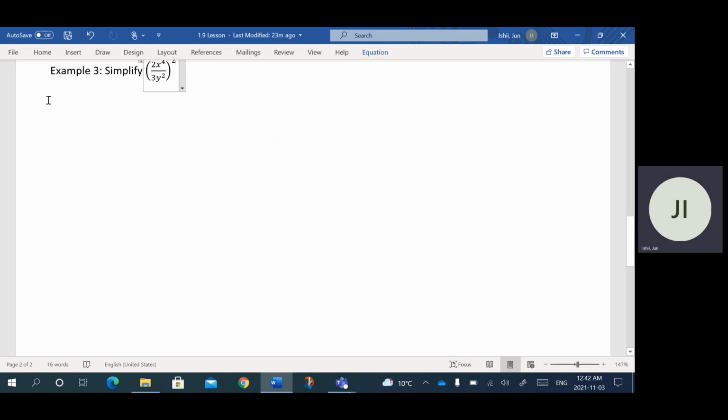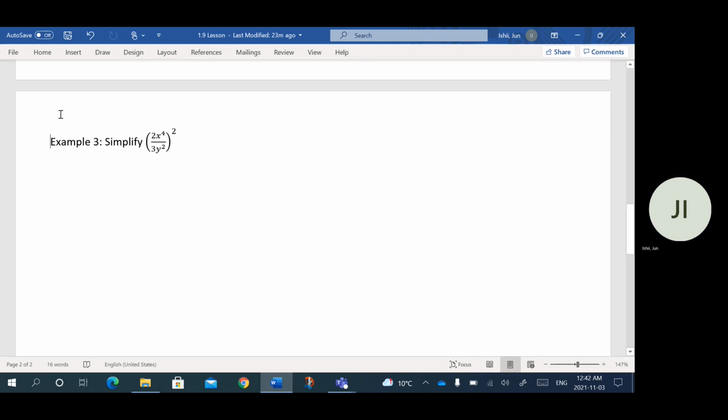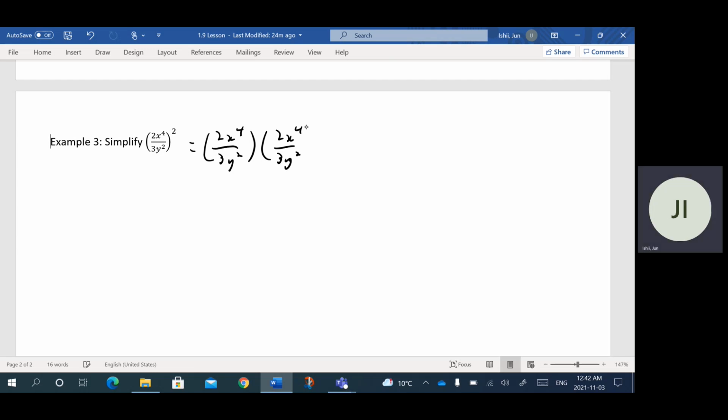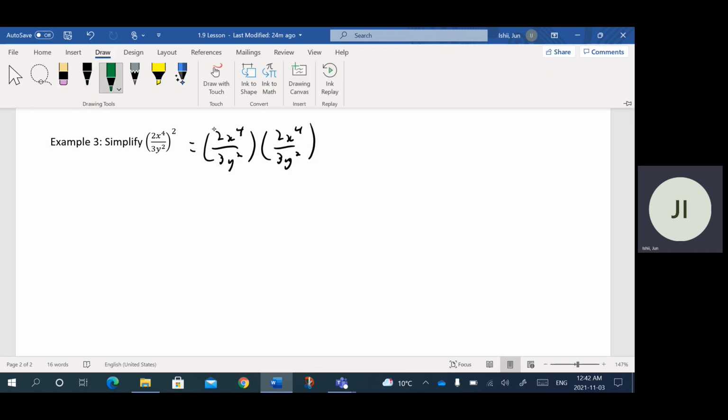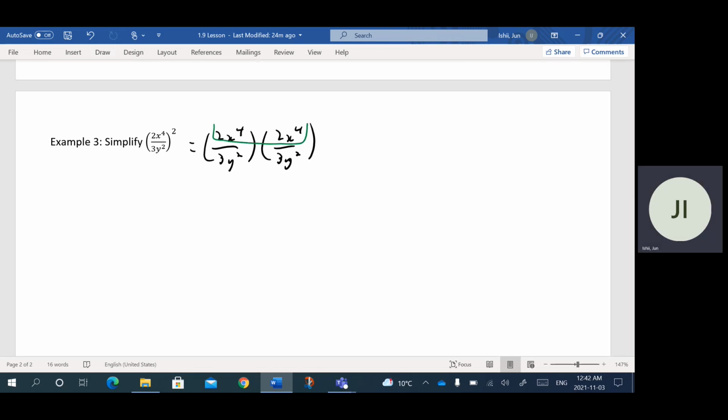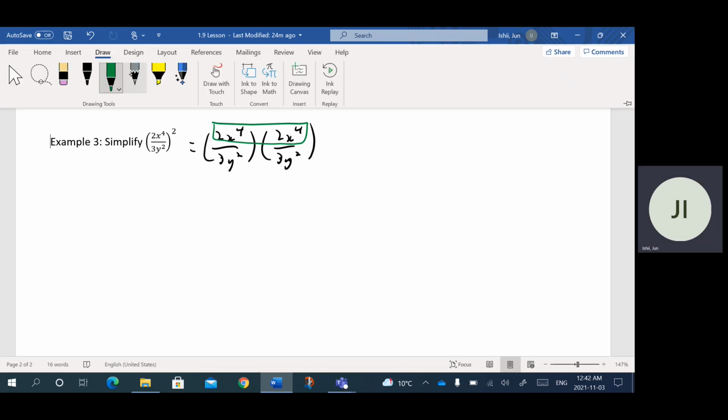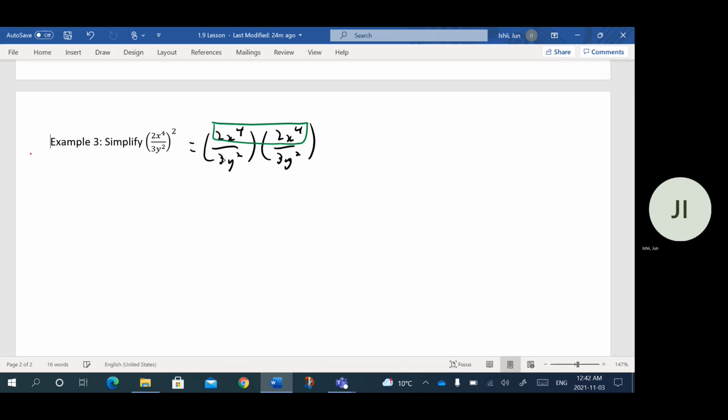So, okay, this thing squared is going to equal 2x to the 4th over 3y squared, squared, which means I'm going to multiply it with itself twice. It's being squared. And the rule for fractions is that you multiply the tops together, and then you multiply the bottoms together.